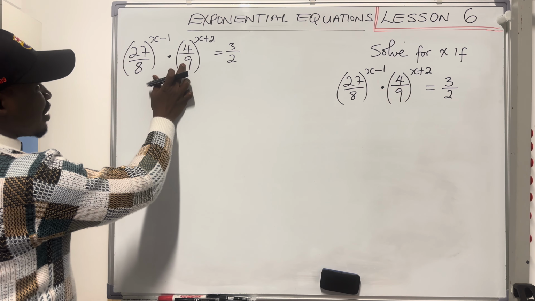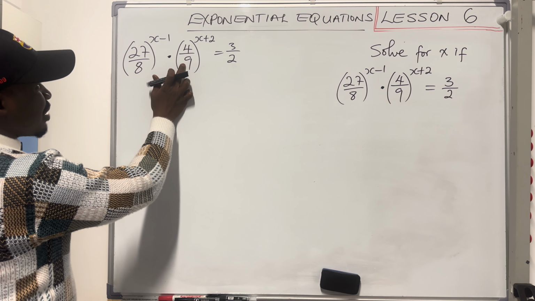So this multiplies the original power, which is x minus 1. The same thing applies here: 2 power 2, 3 power 2, the same power. So we can say 2 over 3, each of the numerator and denominator has 2 as a power. So now we have a new power to multiply the original power, which is x plus 2. This is equal to 3 upon 2.